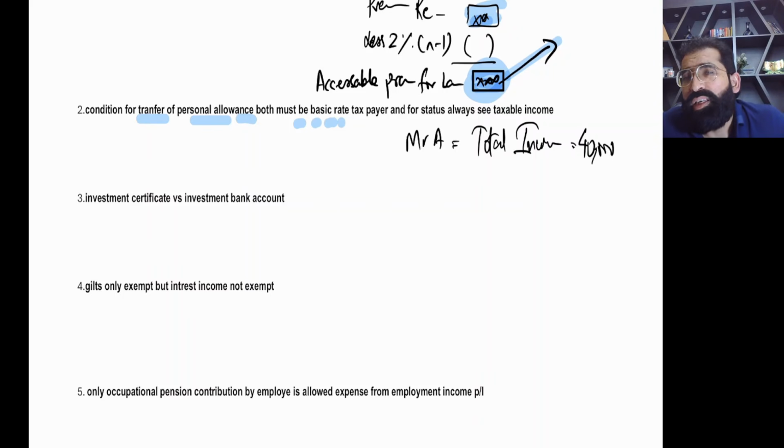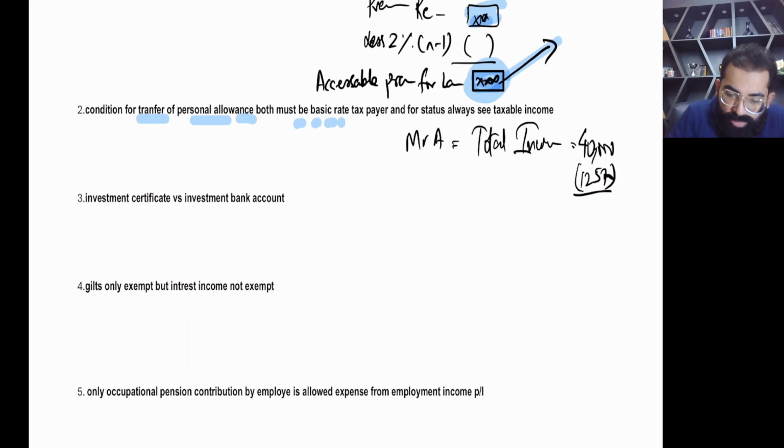But if you deduct the personal allowance of 12,570 from this number, the number will be like 27,000 something. So yes, taxable income is less than 37,700. So always check the taxable income. Be careful with this in order to check the status of the taxpayer.